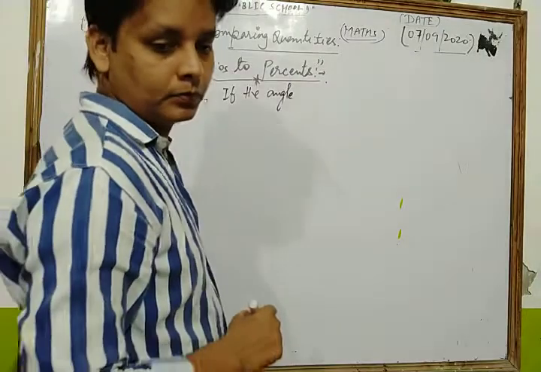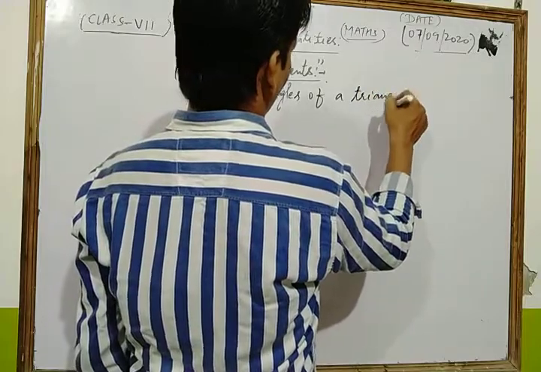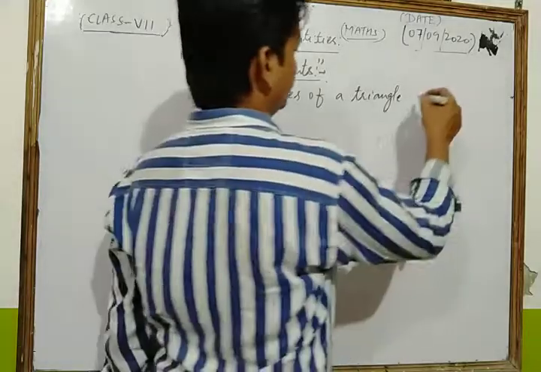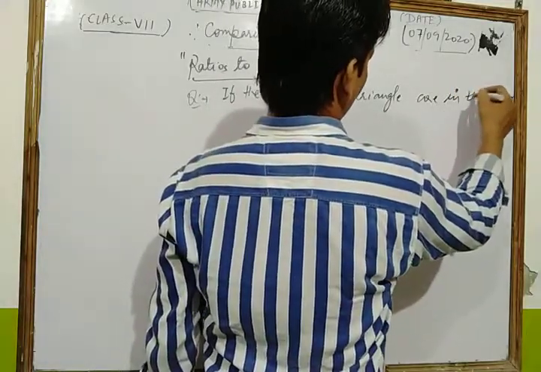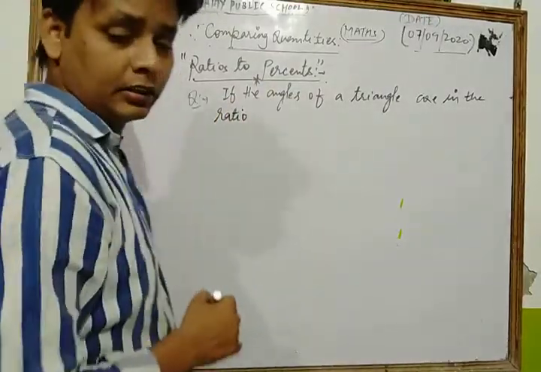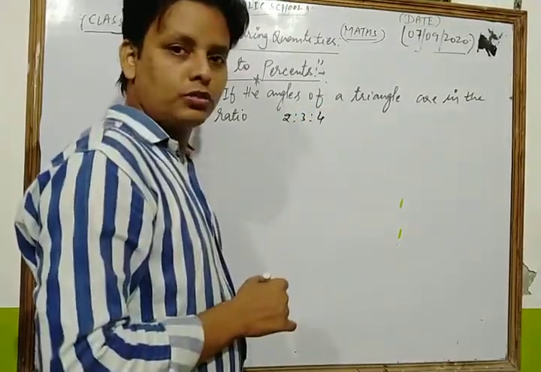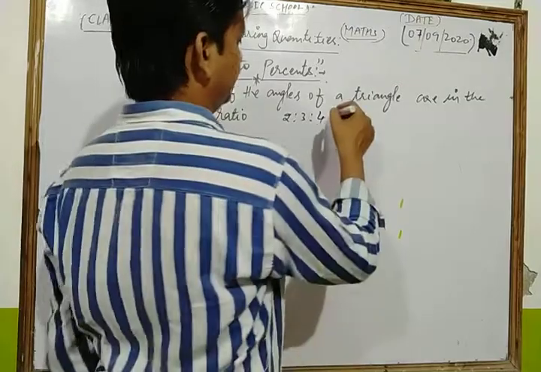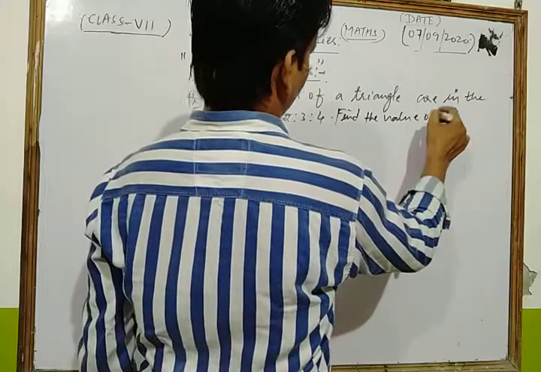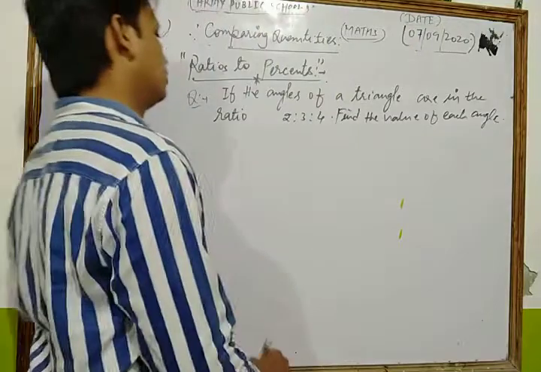If the angles of a triangle are in the ratio 2:3:4, find the value of each angle. Let's see its solution, dear students.